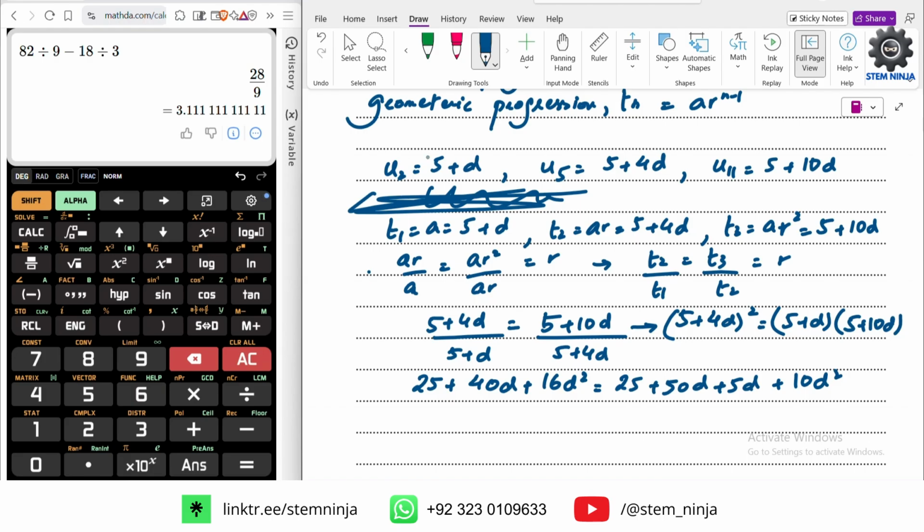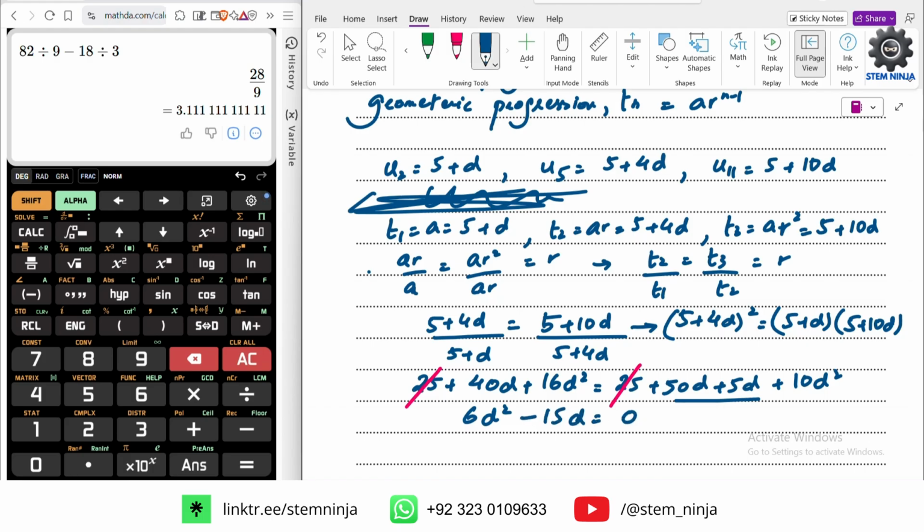We now need to bring everything on one side, but first we can simplify. So 16 minus 10 is 6d squared, and 40 minus 55 is minus 15d.